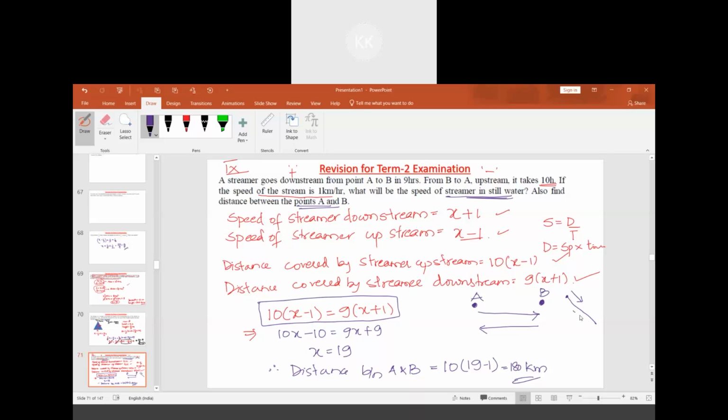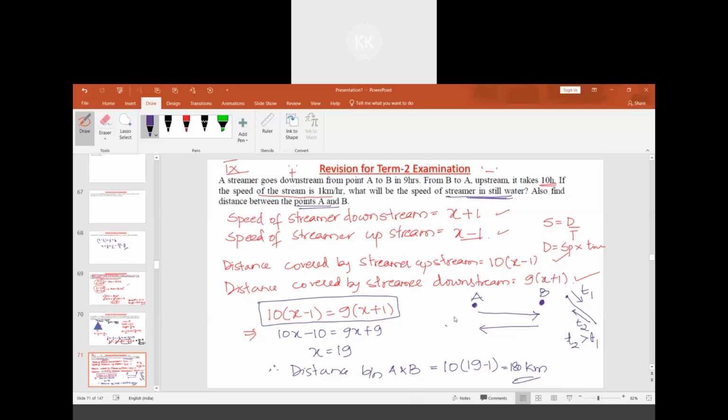When you are going upwards, speed decreases. Here T2 will be more than T1. Time taken towards upwards will be more compared to time taken towards downwards because the speed matters. It is like an inverse proportion, isn't it?